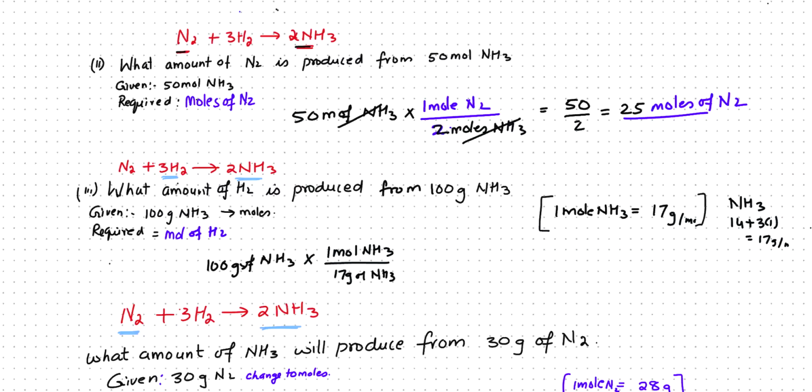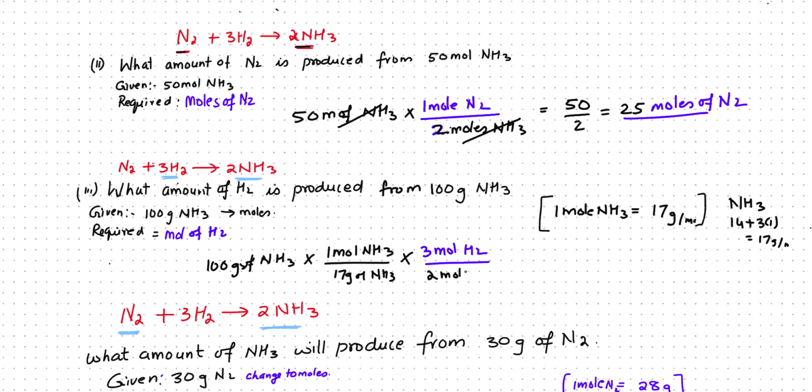So the mole ratio is 3 moles of hydrogen combines with 2 moles of ammonia. So this is a mole ratio, a comparison between hydrogen and ammonia. So we have to find moles of hydrogen. So we write 3 moles hydrogen upon 2 moles of ammonia, 2 moles NH3.